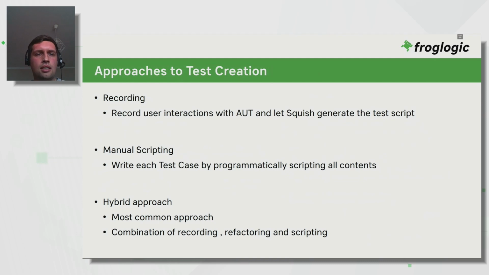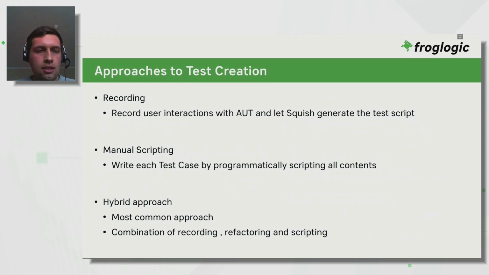This is the fastest way, I would say, but of course not the best. Then there is manual scripting. So you can write each of your test cases programmatically, script everything. That's also possible. This is the way some more advanced users work.